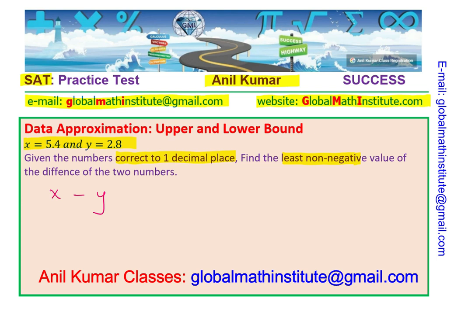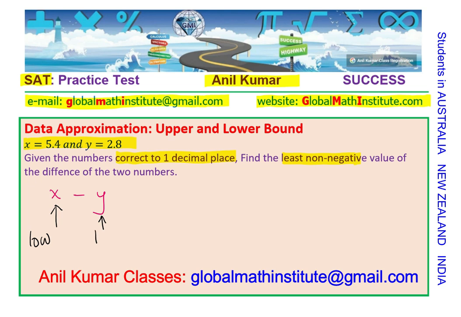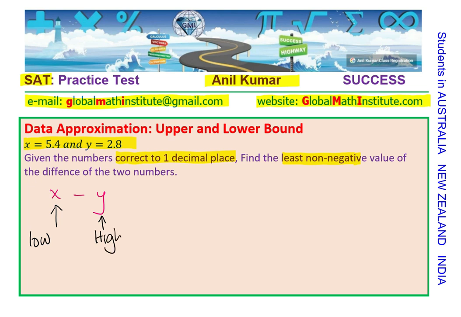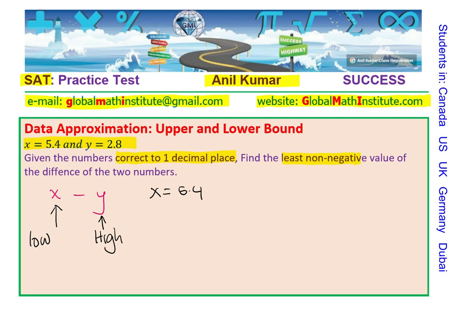Now, let's try to understand that when we want the least number, then we are actually looking for the lowest value of the bigger number, and the highest value of the number which is being subtracted. See, the numbers are x equals 5.4 and y equals 2.8. When we say that they are rounded to one decimal place, then we can look into their possible minimum and maximum numbers.